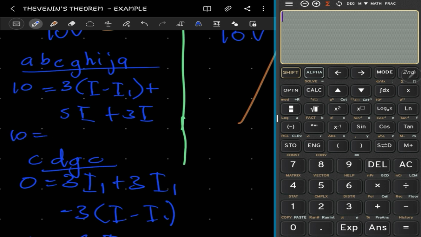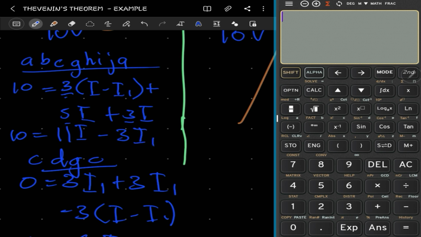So 10 is equal to 5 plus 3, that's 8I, and then we add another 3, this one right here, it becomes 11I, and then we have minus 3I1.